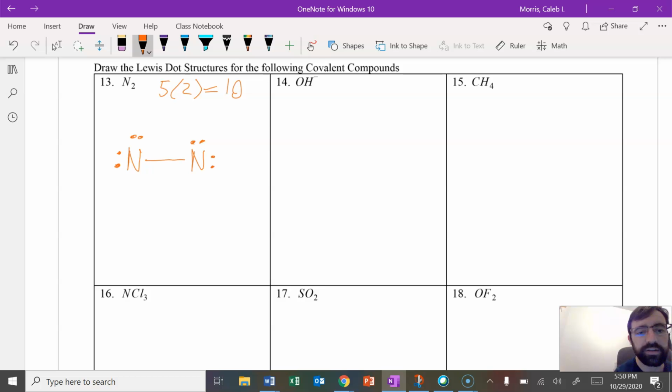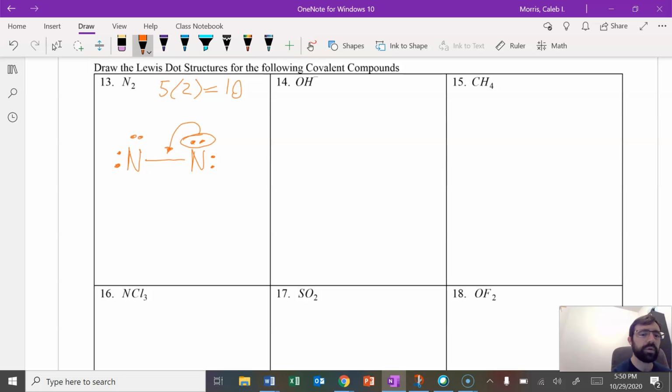Nitrogen's not happy on either side. We need to take a couple of those electrons and share them to see if we can make this follow the octet rule. So if we did that, then the nitrogen on the right side would have 2, 4, 6 still. But the nitrogen on the left side would have 2, 4, 6, 8.